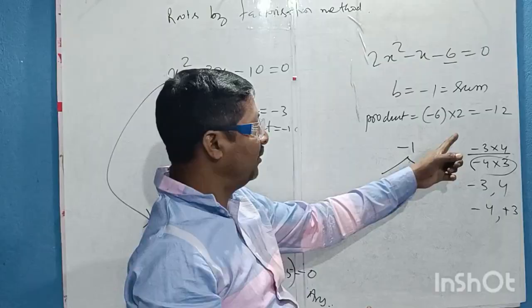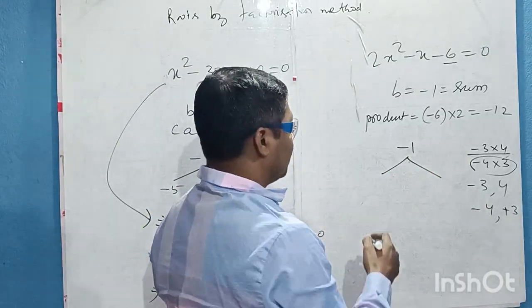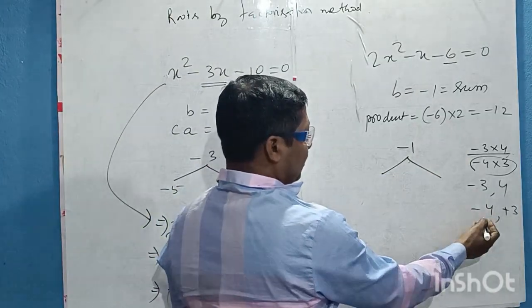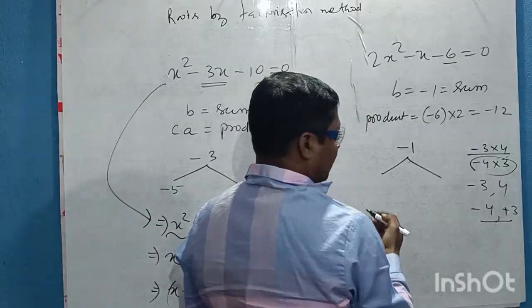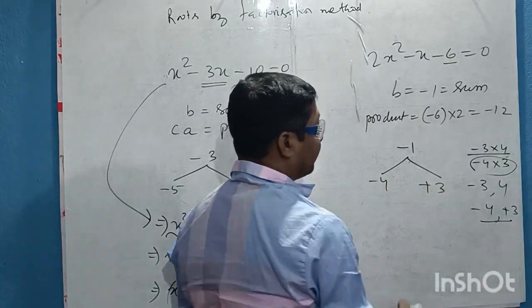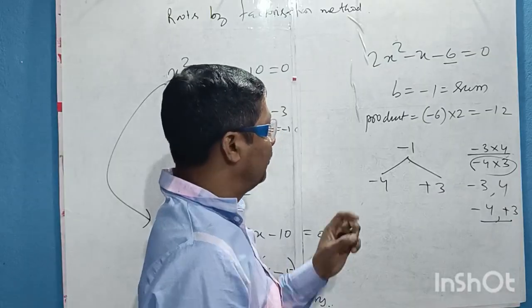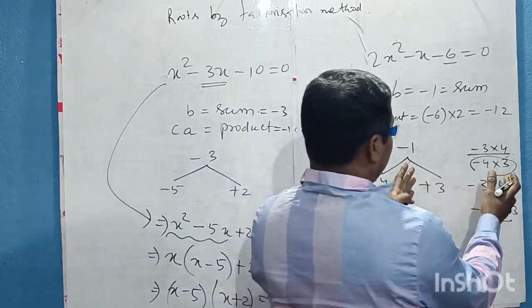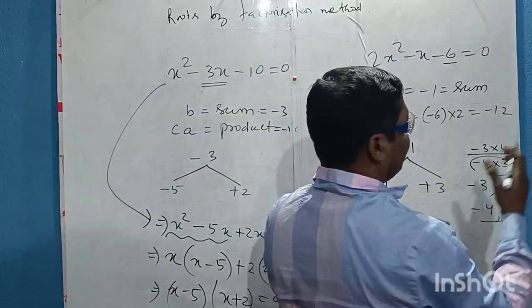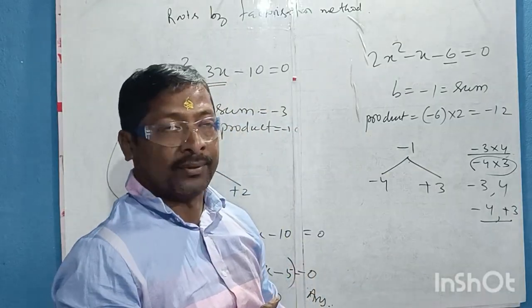So we have to think for a while in this way. What are the possibilities? The best possibility is minus 4 plus 3. The sum is minus 1 and the product is minus 12. So you have to do rough work for this in your rough page.